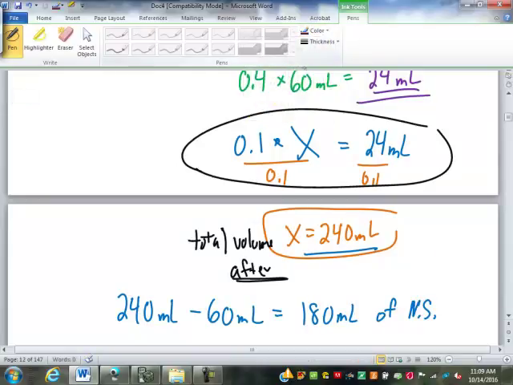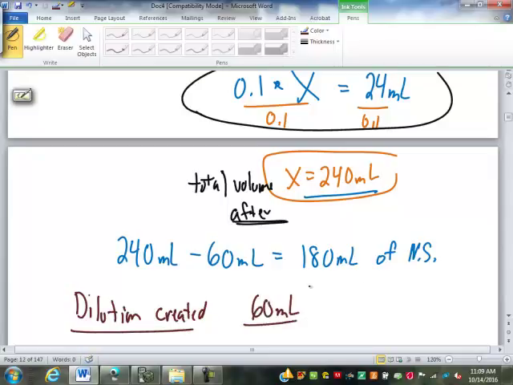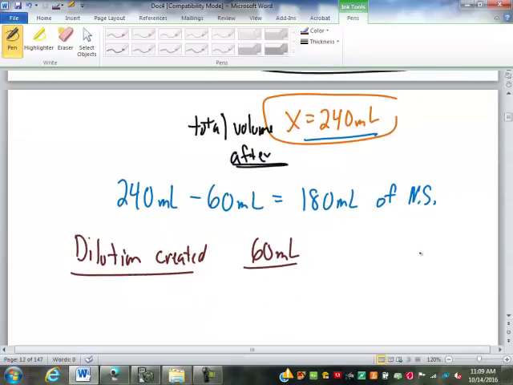So the dilution created here was my 60 milliliters of my concentrate. I'm using the term concentrate instead of serum here because it's not pure serum. It was a 40% solution before, but it's the higher concentration. Over, do I use the 180 or the 240?